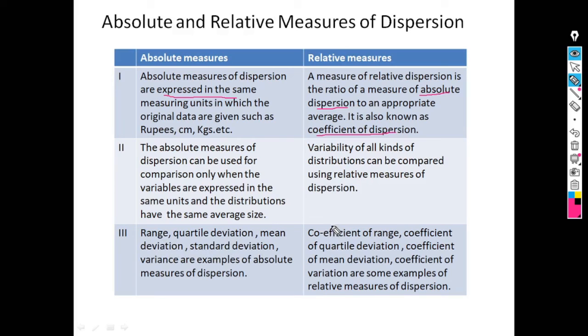Examples of relative measures are coefficient of range, coefficient of quartile deviation, coefficient of mean deviation and coefficient of variation. The absolute measure is expressed in the same measuring units in which the original data are given, and the relative measure is the ratio of the absolute dispersion to an appropriate average.